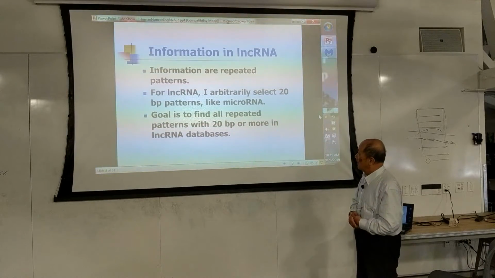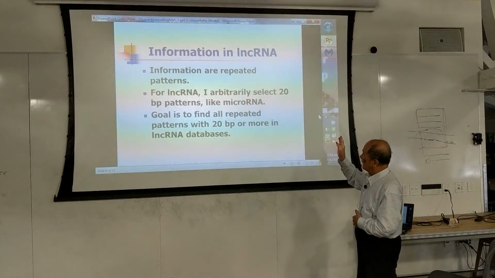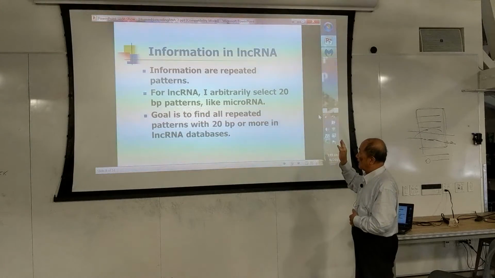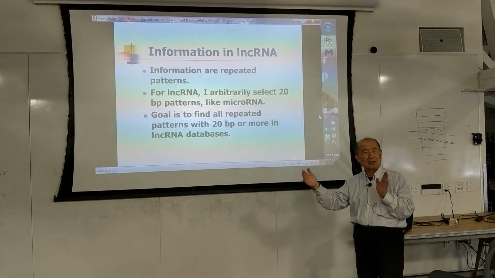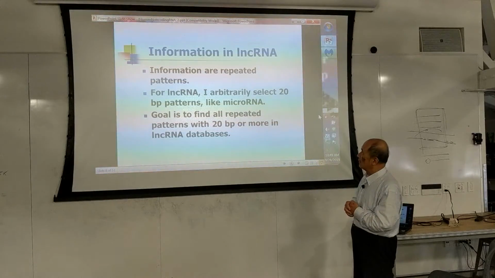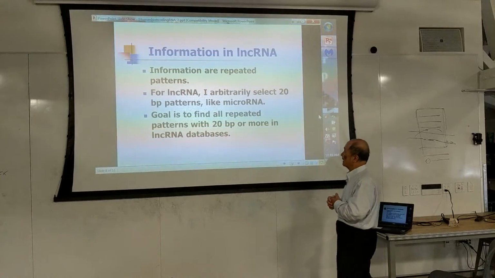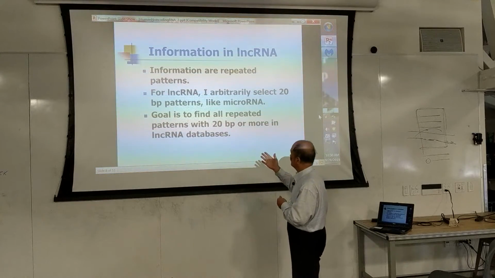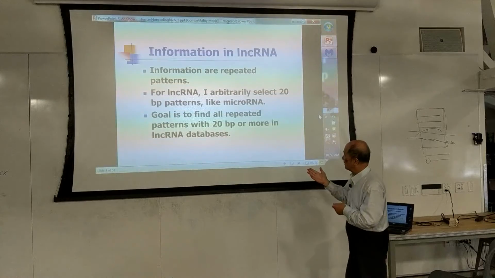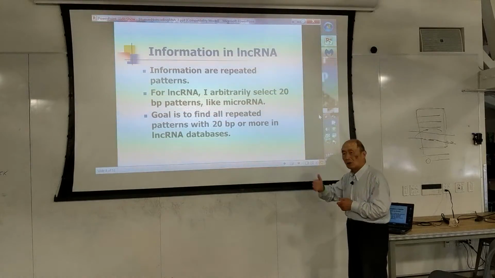I assume that the information will be 20 base pairs or longer. And the goal is to find all repeated patterns of 20 base pairs or more in all the long non-coding RNA databases. Okay?